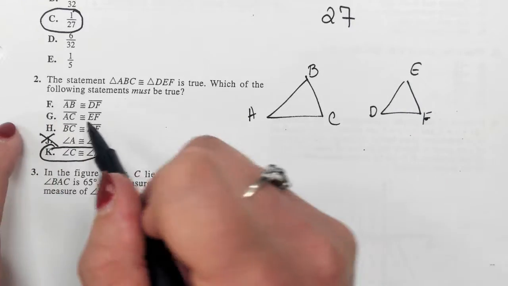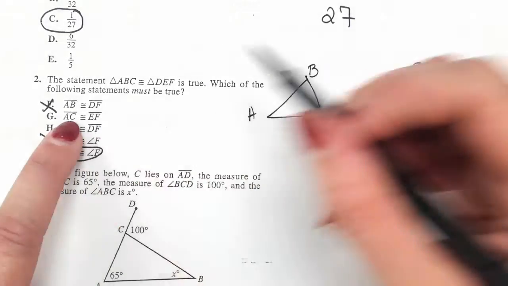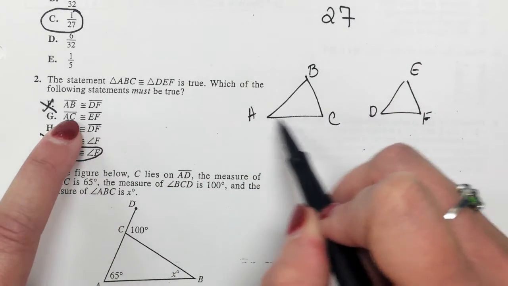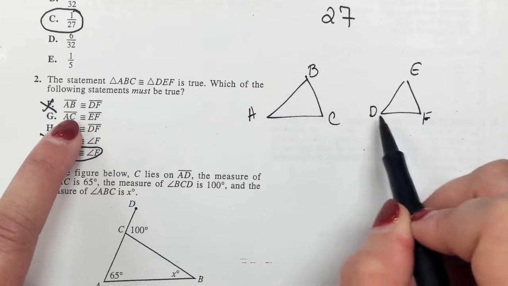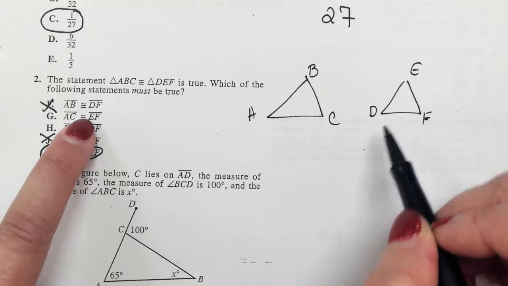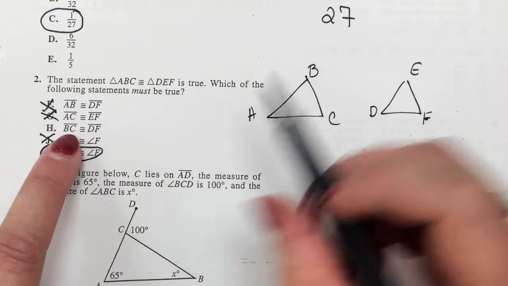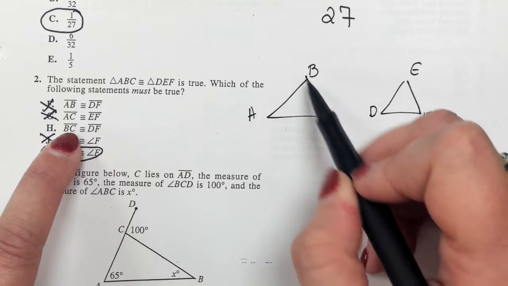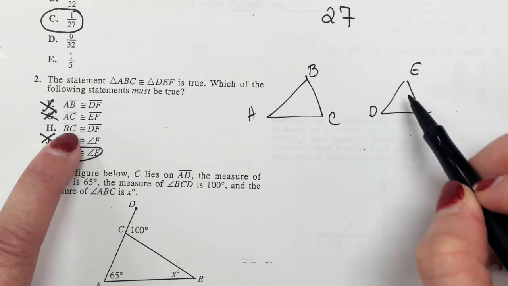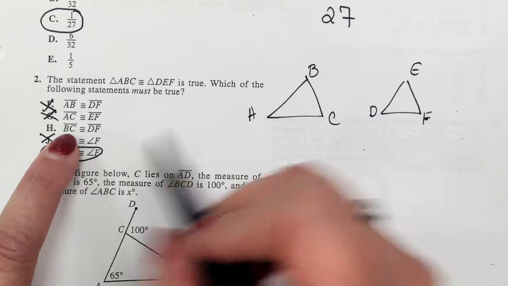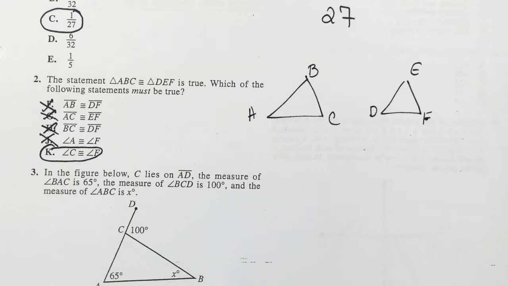DE. That's not what that one says. It says DF. This is AC on the bottom. What's the other one on the bottom? All right, is that what that says? Nope. And BC, right here on the right-hand side, has got to match up with, is that what that says? Nope. So our answer is K. Y'all okay? All right, what about number 3?